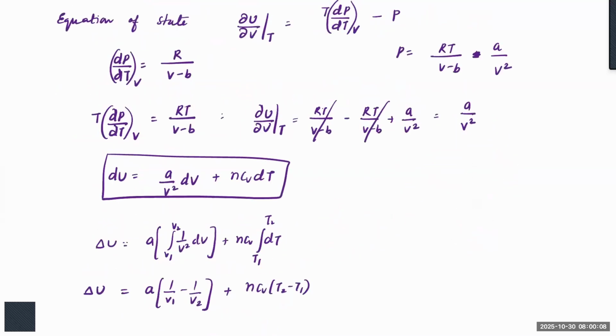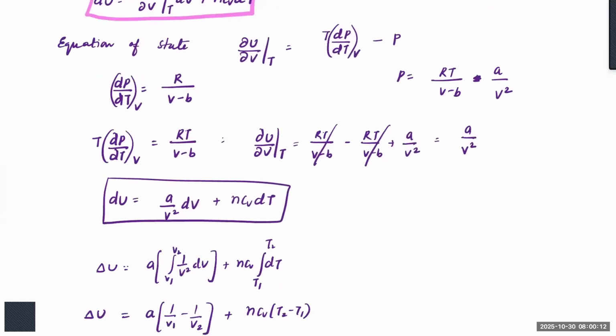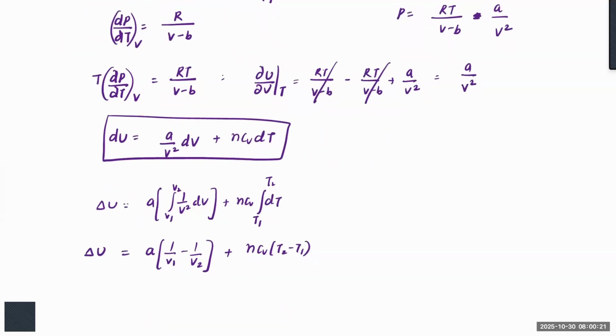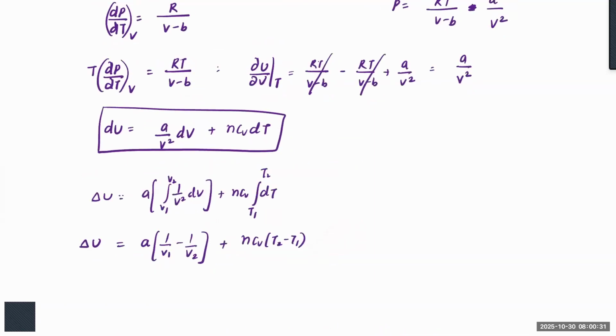So the same equation here for a real gas turns out to be this way. dU is equal to a by V square into dV plus n C_V dT. So if I integrate that, I'll get delta U is equal to a into (1 by V1 minus 1 by V2) plus n C_V (T2 minus T1). This is how you'll work out for the real gases.